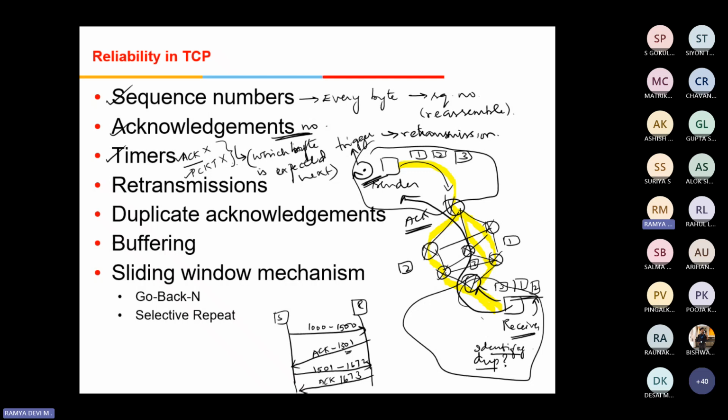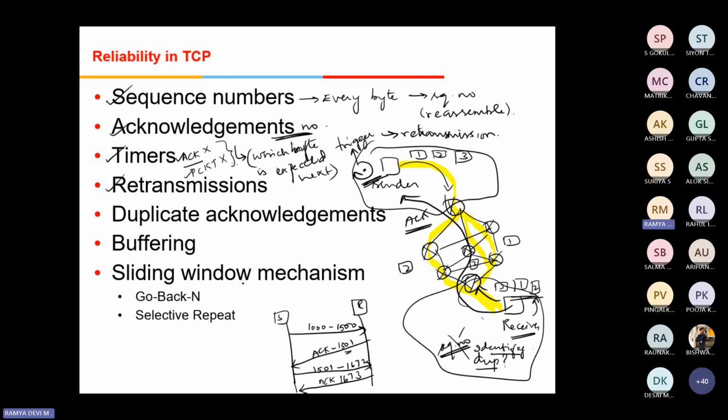The receiver is able to identify it with the sequence number, and the sender is able to identify it with the acknowledgement number. We'll see those in detail. The same sequence number would have been received, but it will be expecting some other number, so it will consider that as a duplicate packet and discard it.